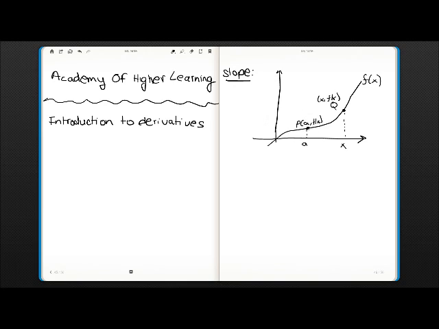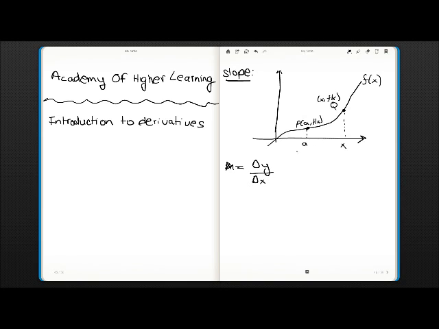A quick recap. Say we have a point P, and if you want to find the tangent at P, we will pick an arbitrary point Q, which is pretty close to P. So the slope would be m equals delta y, change in y, over the change in x.